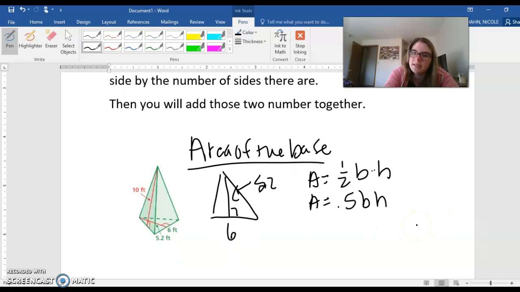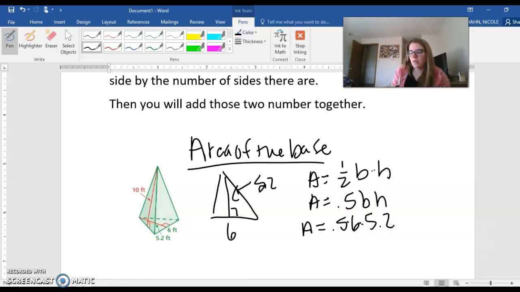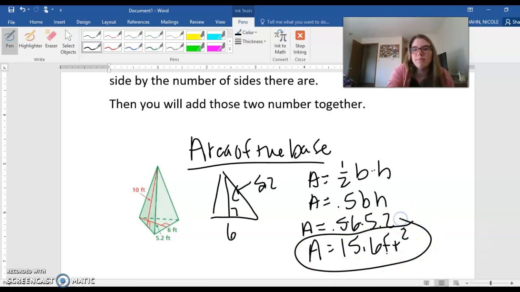So I'm going to take 0.5 times 6 times 5.2, and I get area equals 15.6 feet squared. So that's the area of the base.